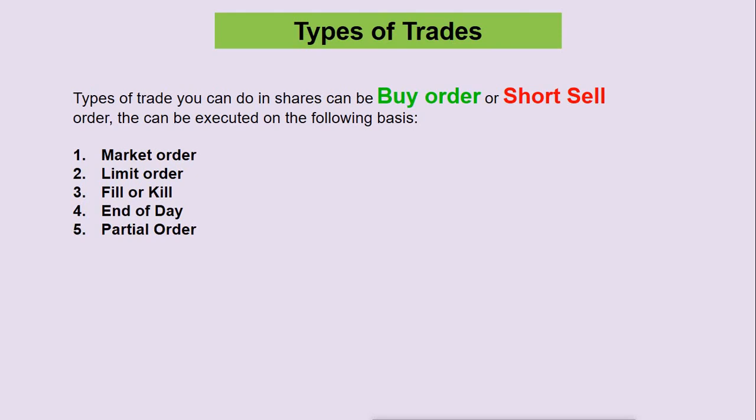Then there's what is called a limit order. A limit order places a restriction on the price at which your broker can buy or sell. So with a limit order, you say, I want to buy 100 shares in company X, and the price that I want to buy at is $1.